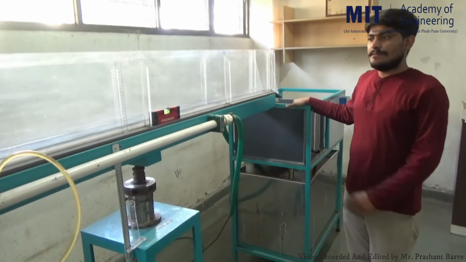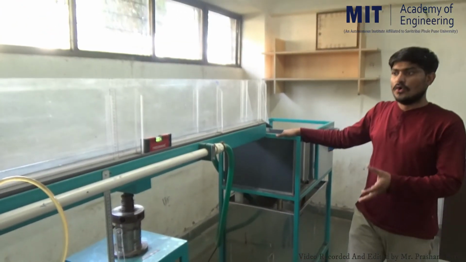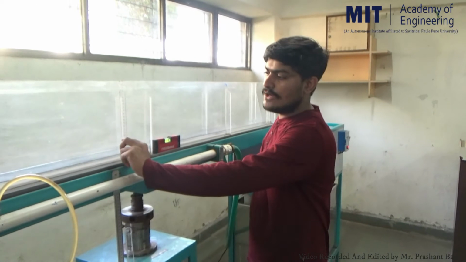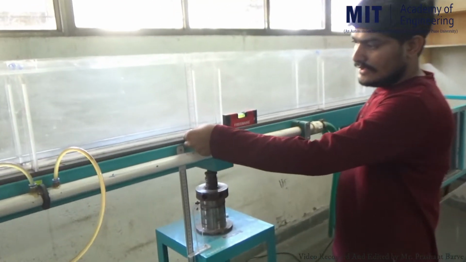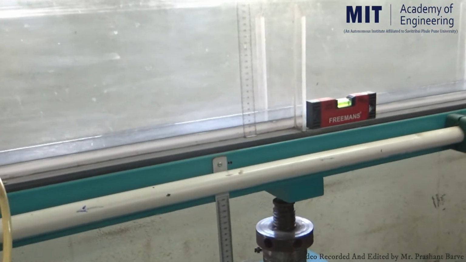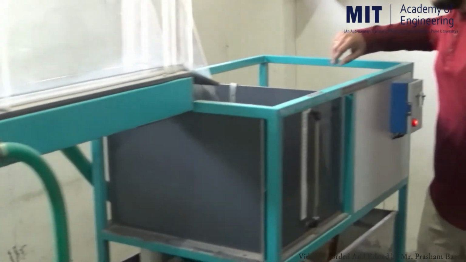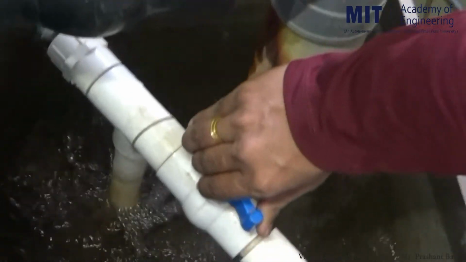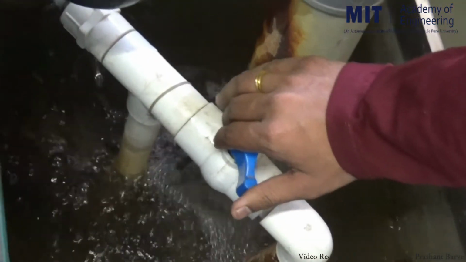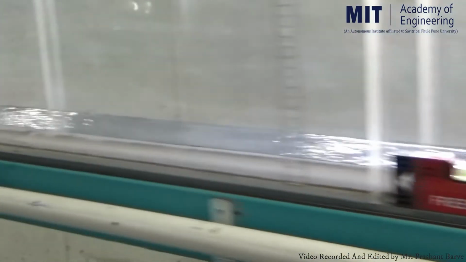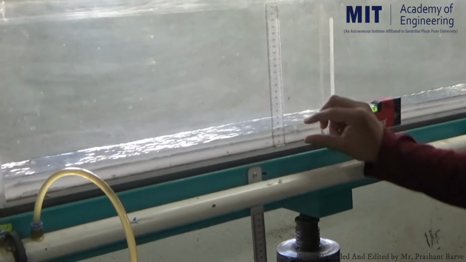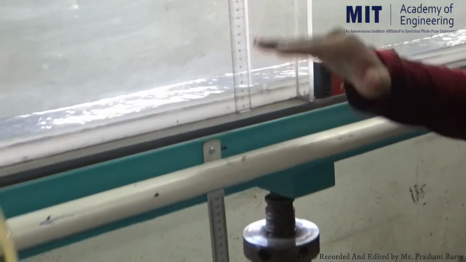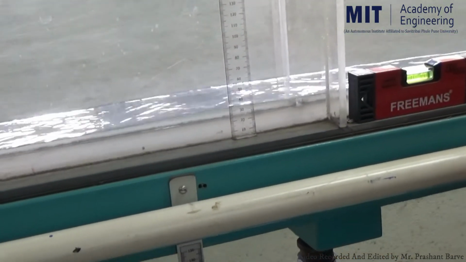For that purpose, let me operate the flow so that we get higher values of depth, because the depth is quite less. I will operate the discharge valve. I am going to close it so that I can increase the depth of flow. See the wave. If you observe now, the depth of flow starts increasing in the channel section because I have operated the discharge valve.